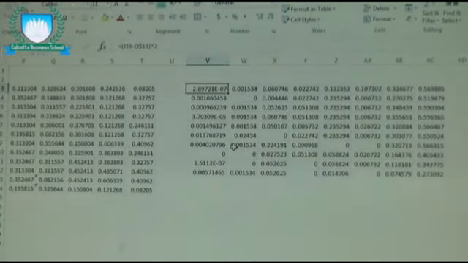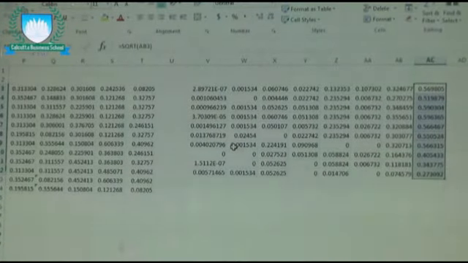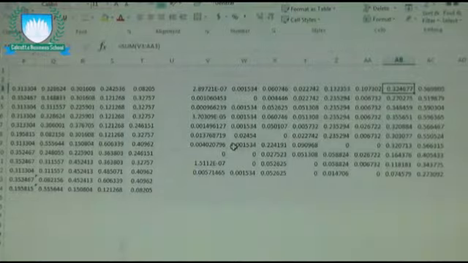I mean, this is just a part of your Euclidean distance. You have just taken the square. After that, these values give you the Euclidean distance of respective alternatives from PIS. This is the square root, right? Once you take the sum, then you take the square root, you will get the Euclidean distance measure.